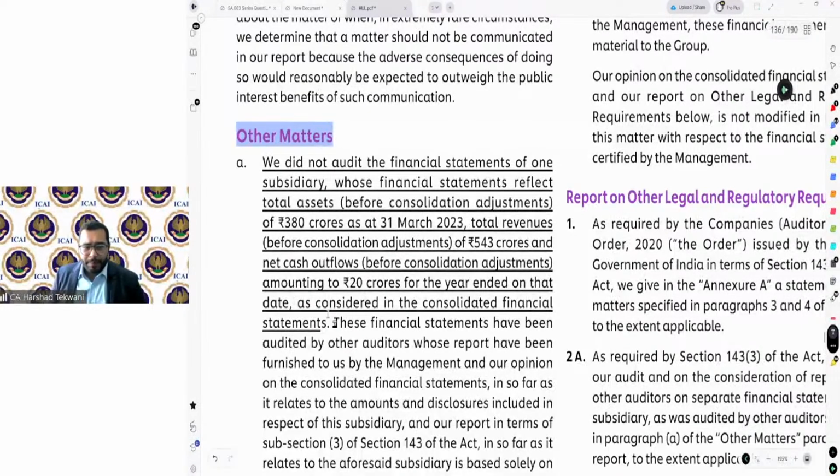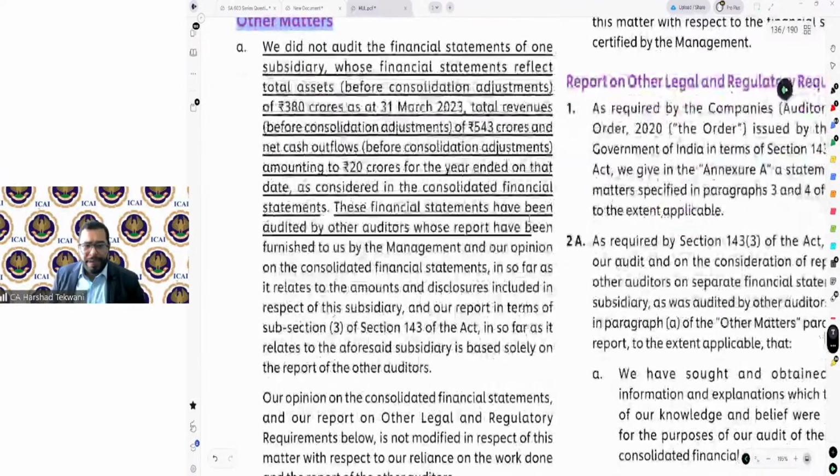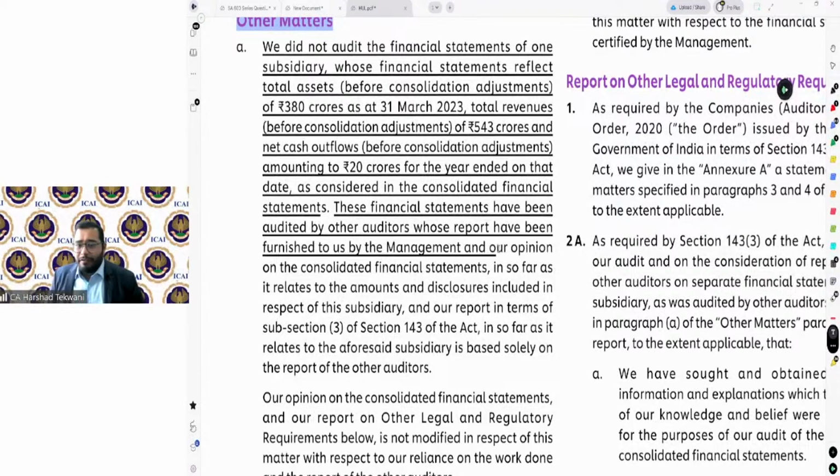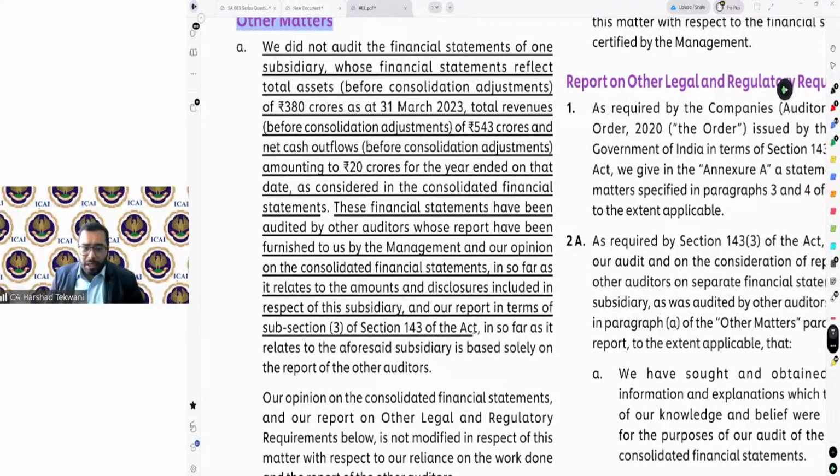consolidated financial statement. These financial statements have been audited by other auditors whose report has been furnished to us by management, and our opinion on the consolidated financial statement insofar as it relates to the amount and disclosure included in respect of this subsidiary, as per our report in terms of section 143(3) of the Act, insofar as it relates to the aforesaid subsidiary, is based solely on the report of other auditors.